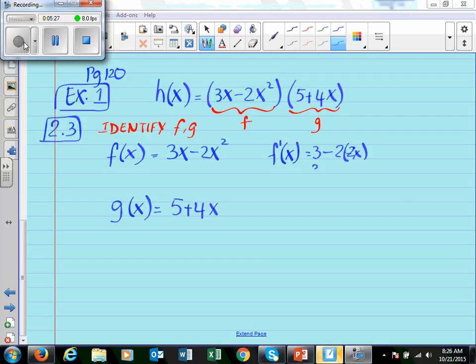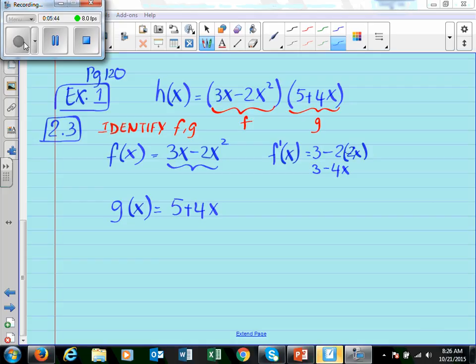So f prime is 3 minus 4x. Please understand what I did. It's like solving a problem within a problem.